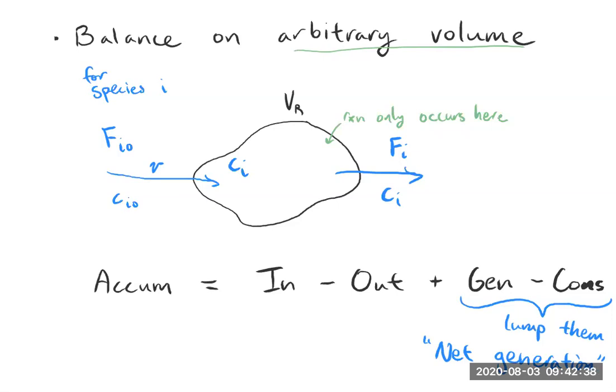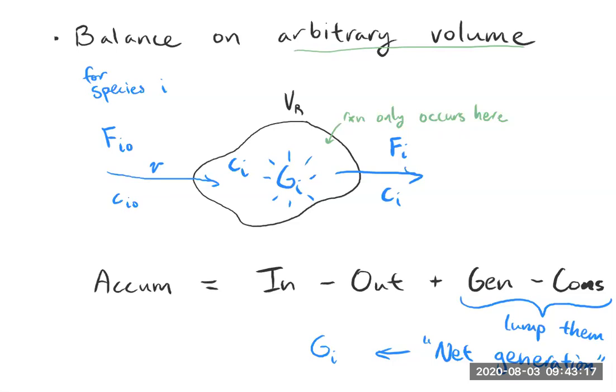Maybe if a certain species is both a reactant and a product in different reactions, you can think of its change as some kind of net generation, and it could have a positive or a negative sign. We're going to represent that with this capital G sub I. So we have this G sub I term here, which I'm going to decorate just to draw attention to it, and that is the real new addition in this course.